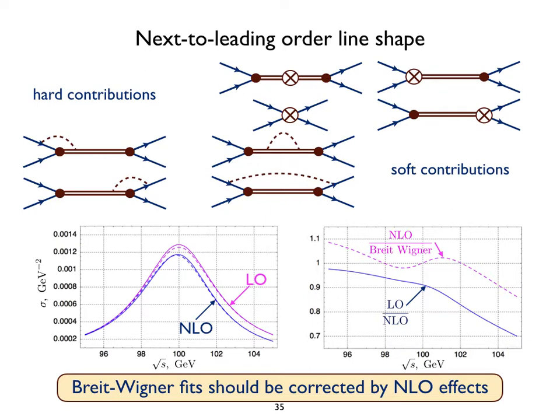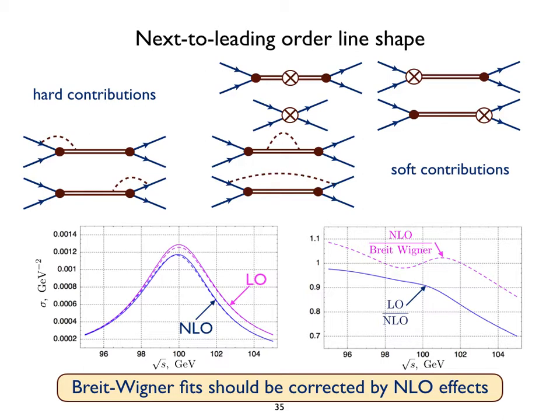The left figure shows the change in the line shape going from leading to next to leading order. The ratio of the leading order shape to the next to leading order shape is shown in the right plot. The difference is around 10% at the peak position and can rise up to 30%. The dependence on the normalization scheme decreases going to next to leading order.